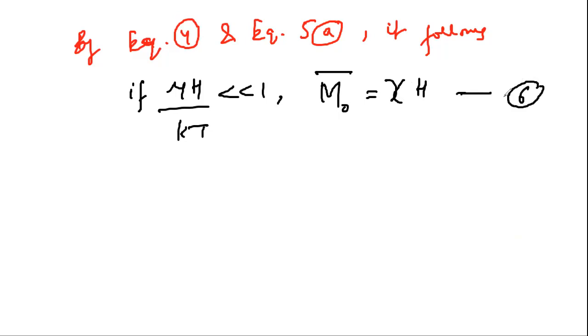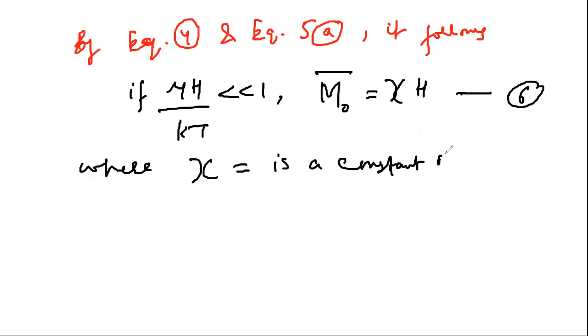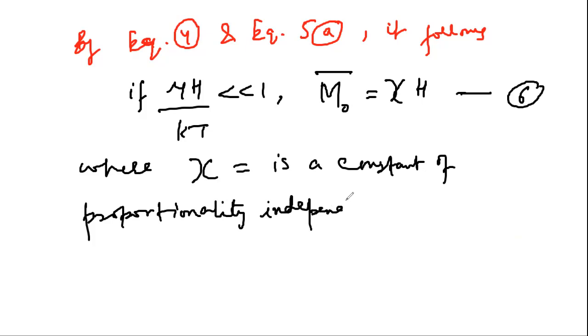This is my equation 6, where this chi is a constant of proportionality independent of H, and it has a name.